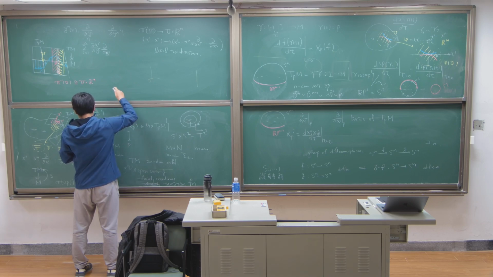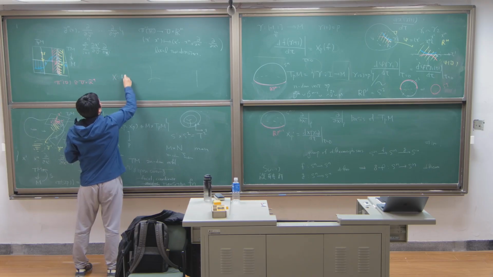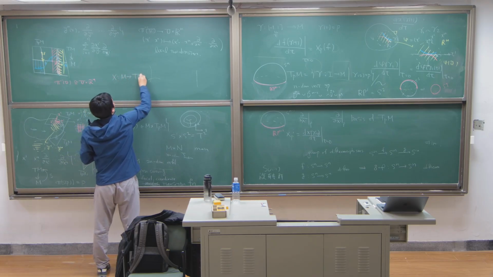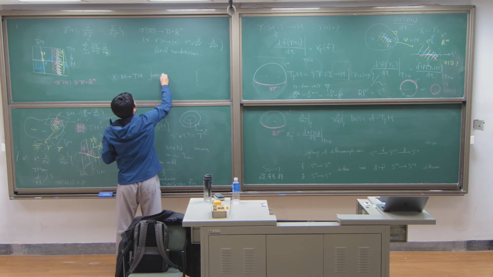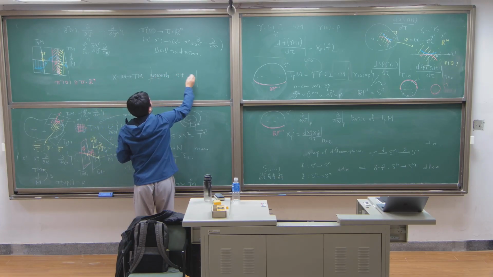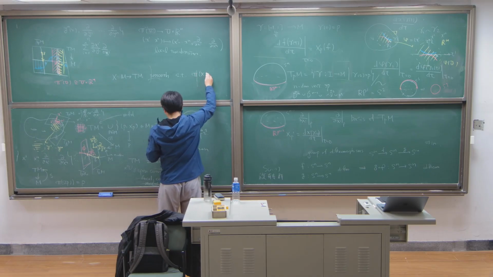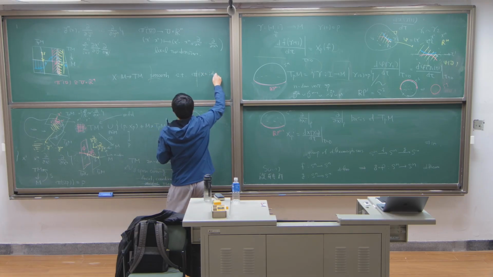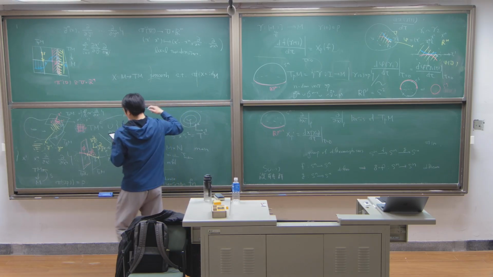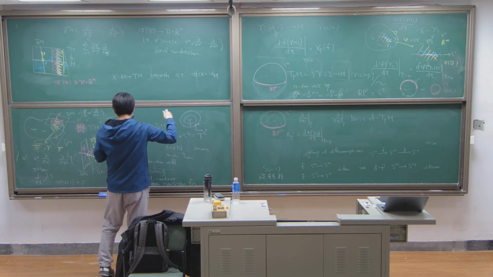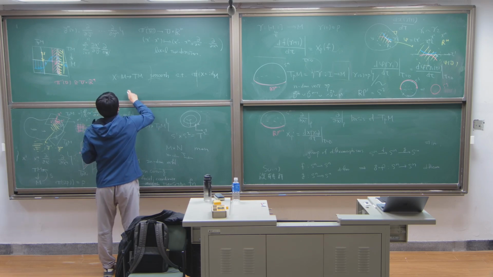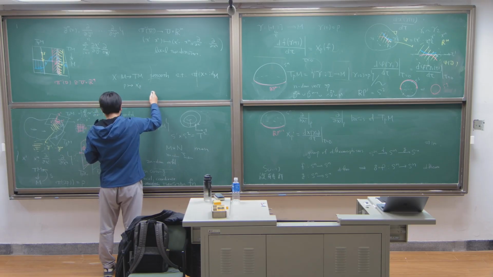So smooth map. Smooth. So this is called the vector field. So the assignment P to XP is called a vector field.